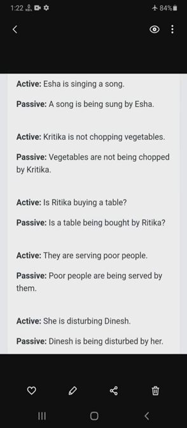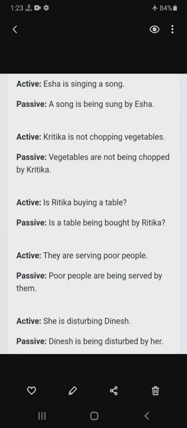Now, example: Isha is singing a song. So passive will be a song is being sung by Isha. Next, Kritika is not chopping vegetables. So vegetables are not being chopped by Kritika. Then, is Ritika buying a table?